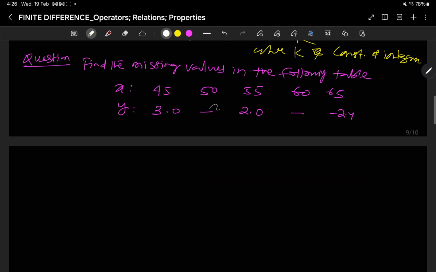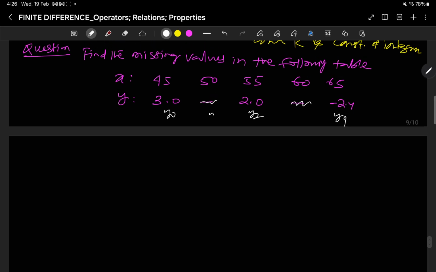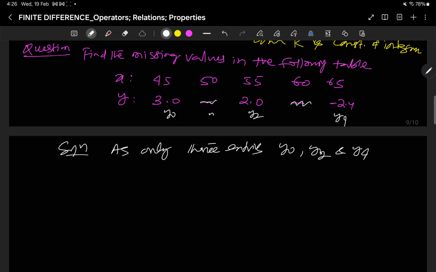So you see here two missing terms are there. This is y0, this is y2, this is y4, and the others are missing. So it is correct up to second degree. Okay, so I write it as only 3 entries, y0, y2 and y4 are given.